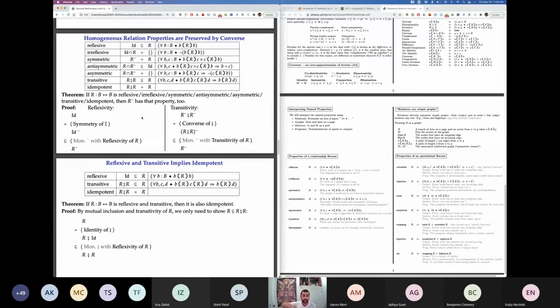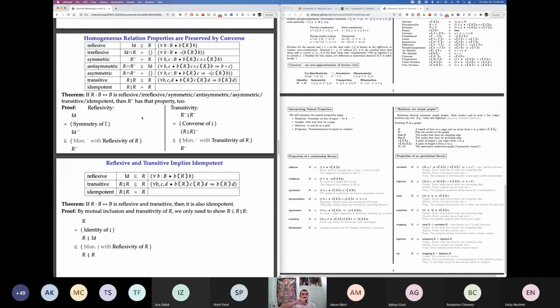Edge, change its direction. So if it's reflexive, that means every dot has a loop to itself. Now, if we change the direction, well, a loop pointing to itself is just a loop pointing to itself. And so the resulting graph will have loops for every node, and so it's reflexive. Likewise for transitive.